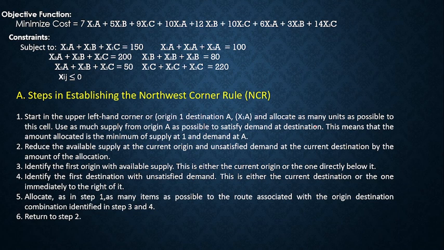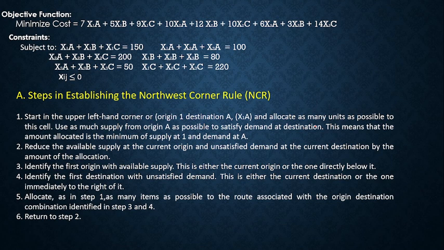And step number 3, identify the first origin with available supply. So this is either the current origin or the one directly below it. And number 4, identify the first destination with unsatisfied demand. So this is either the current destination or the one immediately to the right of it.